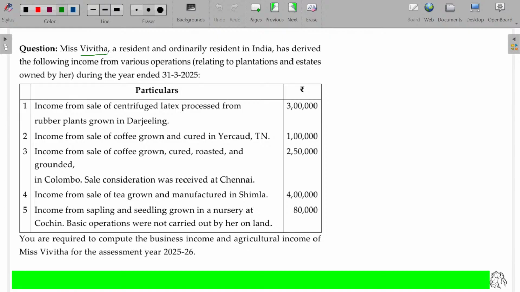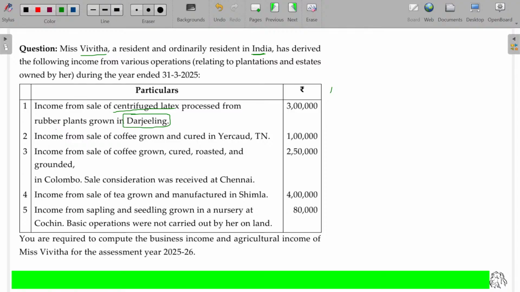Miss Vivita, a resident and ordinarily resident in India, has derived the following from various operations relating to the plantations and estates owned by her. Income from sale of centrifuged latex processed from rubber plants grown in Darjeeling.